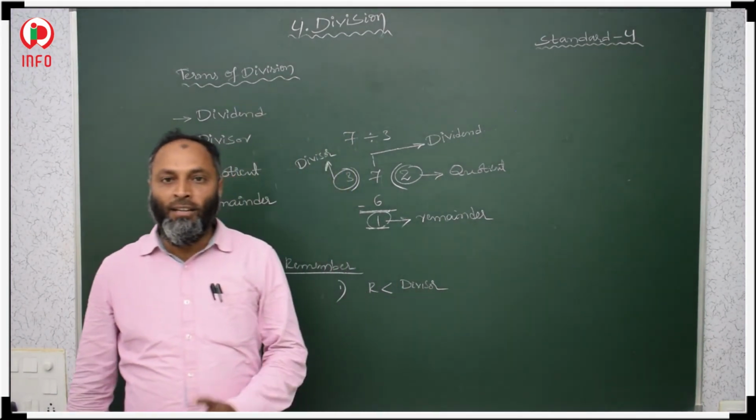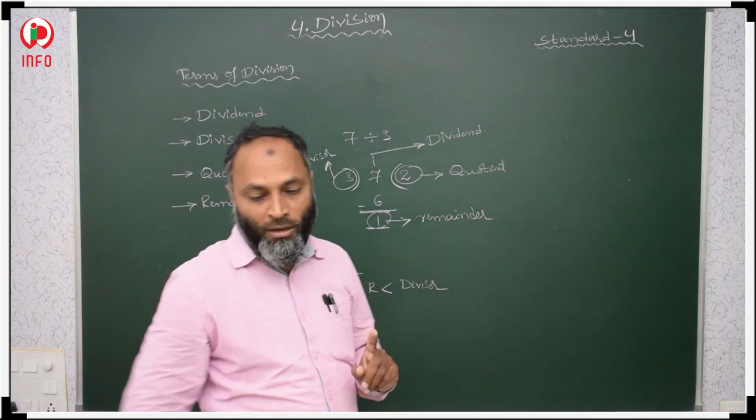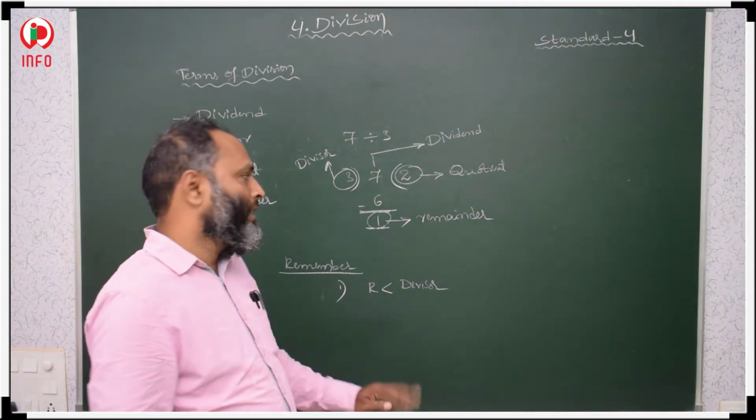Whatever number it is, the remainder is always less than the divisor. This you have to remember.